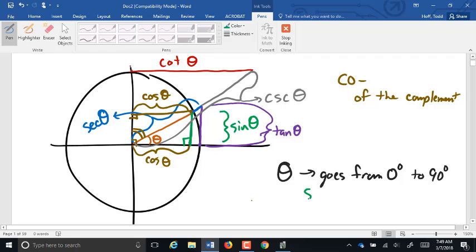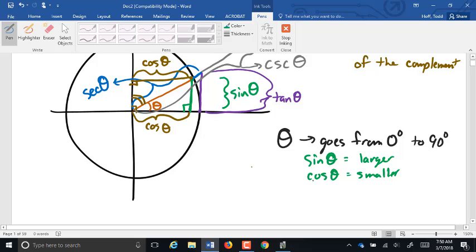What happens to the sine? Gets larger. What happens to the cosine? Gets smaller. What happens to the tangent? Tangent's going to get larger.